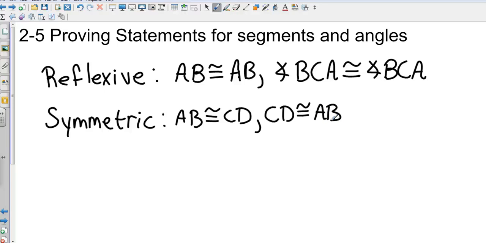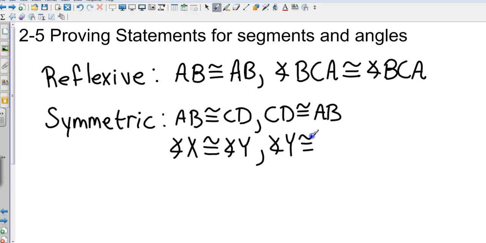And the same would work for angles. Let's say I had angle X is congruent to angle Y, and that would mean that angle Y would be congruent to angle X.